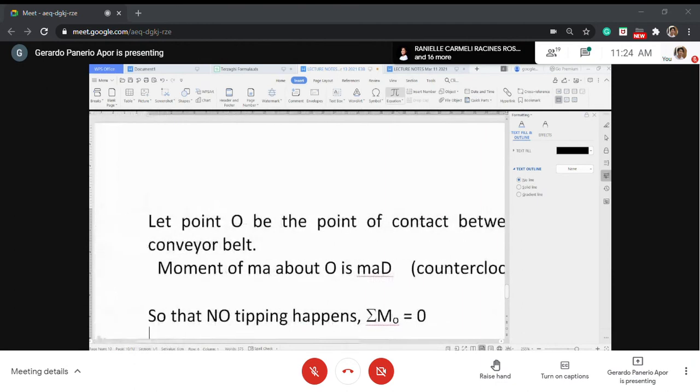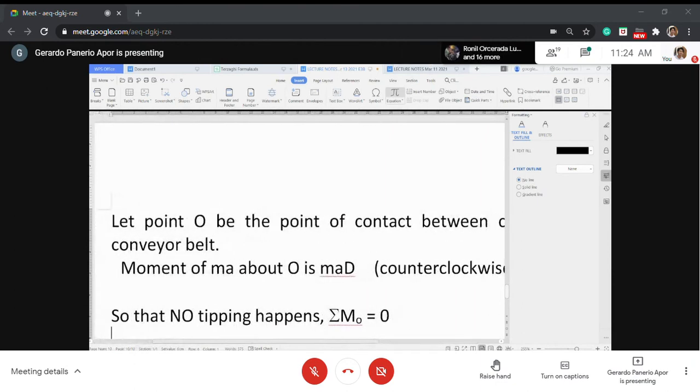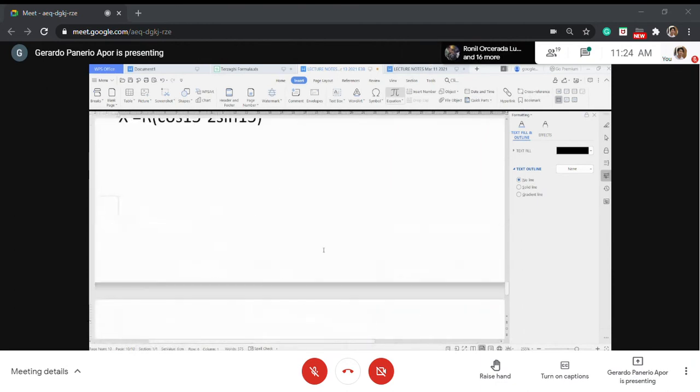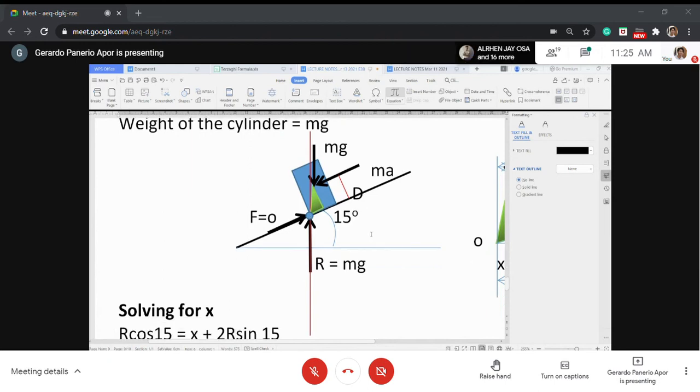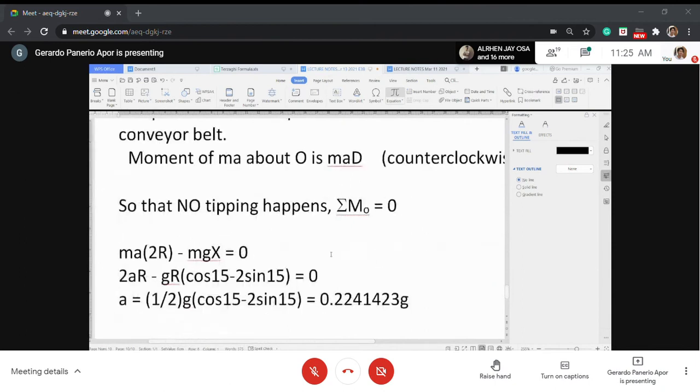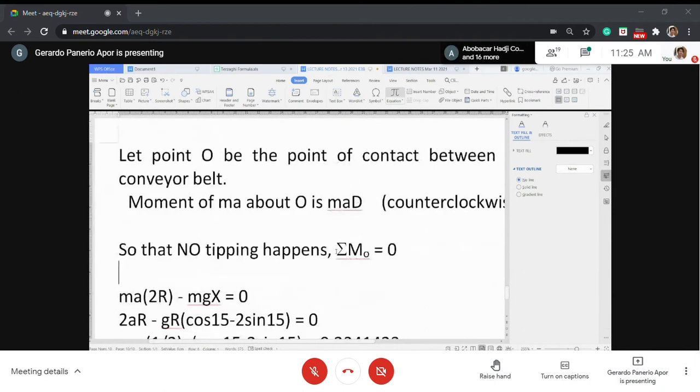Okay, so as the can is about to tip, hapit na ni siya mo tumbling, the only point in contact is point O, no? So as it is about to topple or about to tip, that could be a convenient point to sum up moment, no? Okay, so that no tipping happens, summation of moment about O should be equal to 0.